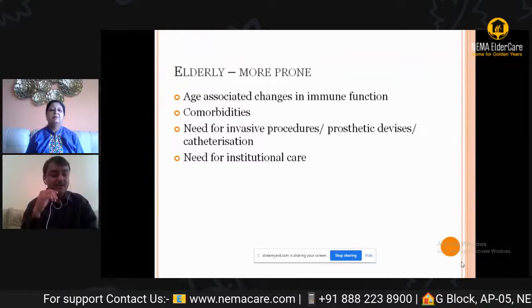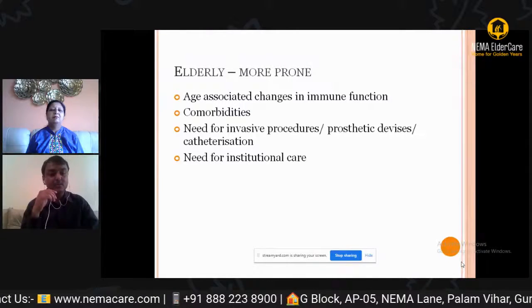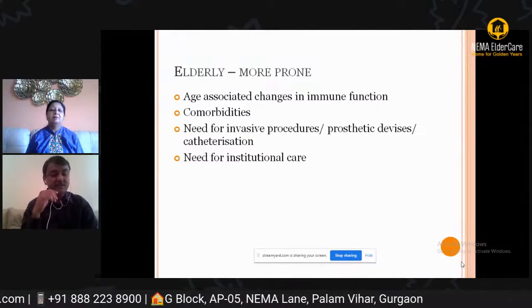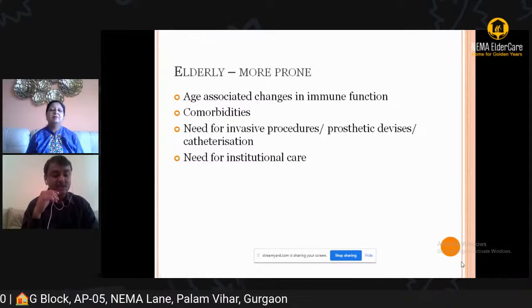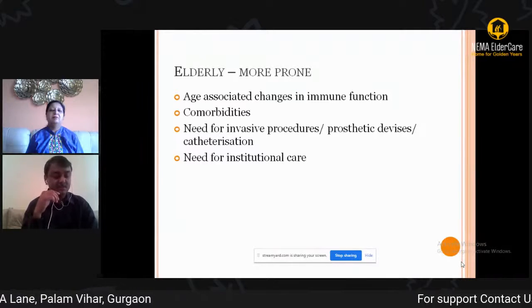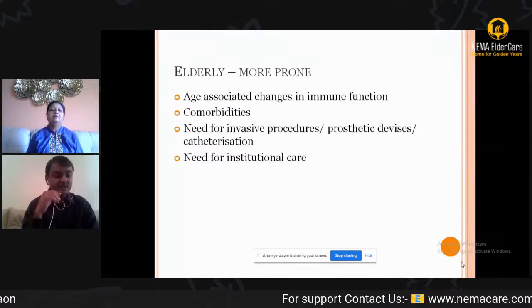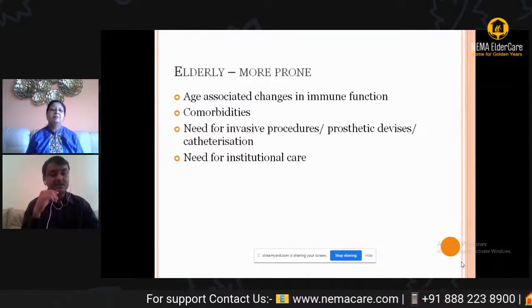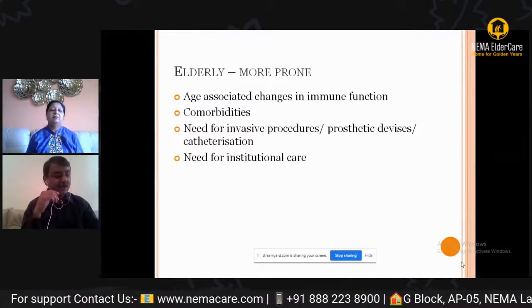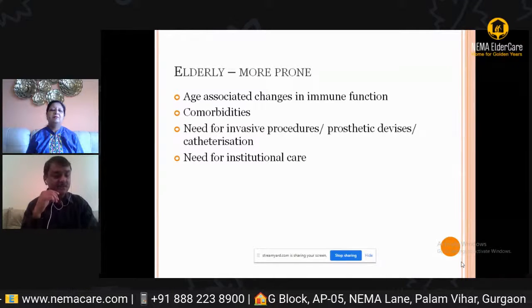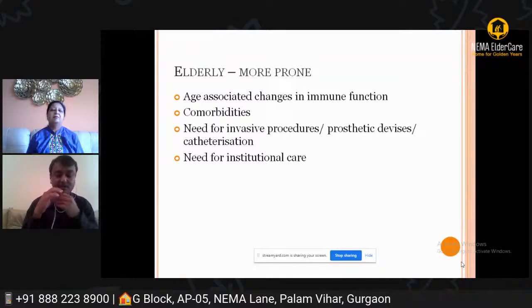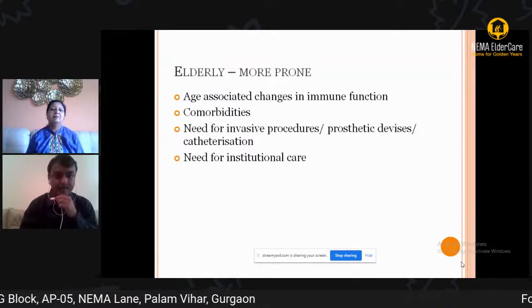In patients with functional impairment or those with cognitive deficits, there may be an increased need for institutional care as well in the elderly population. So that increases the risk factor for this group of population, and that is why we have to be extra careful with the elderly.